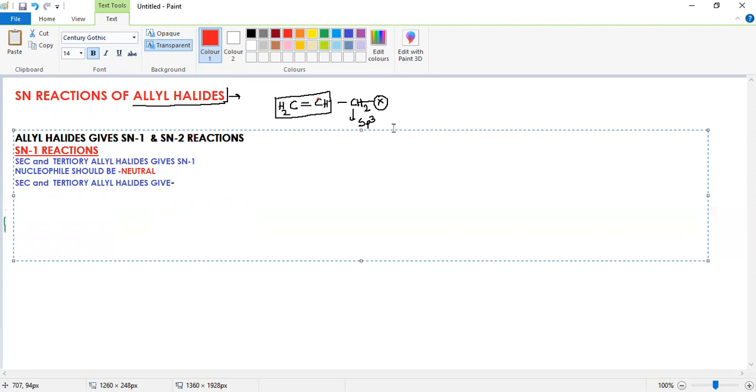Secondary and tertiary allyl halides give mostly two products. How many products? Two products.